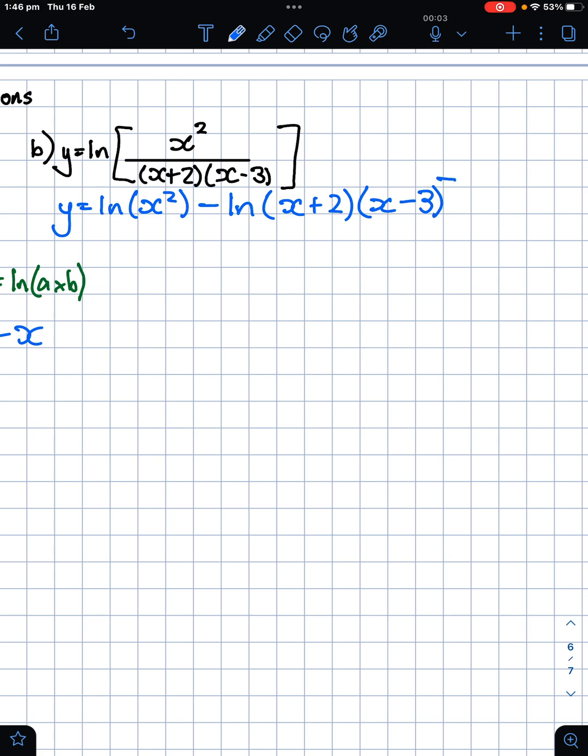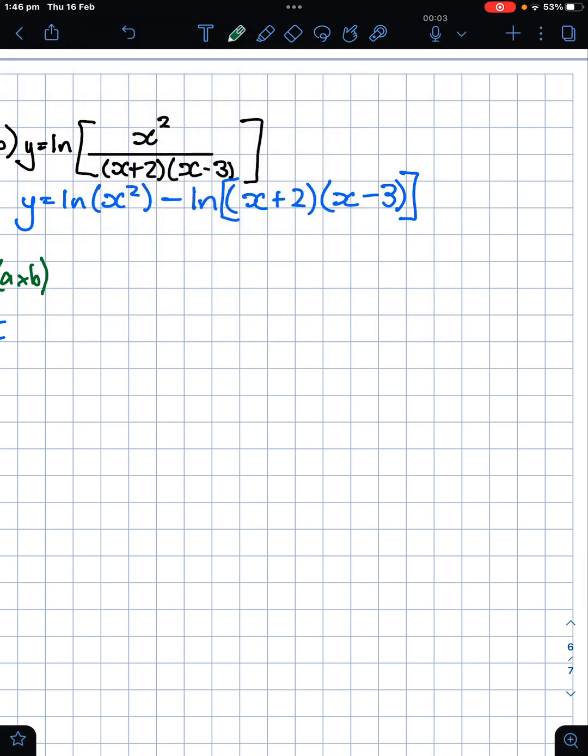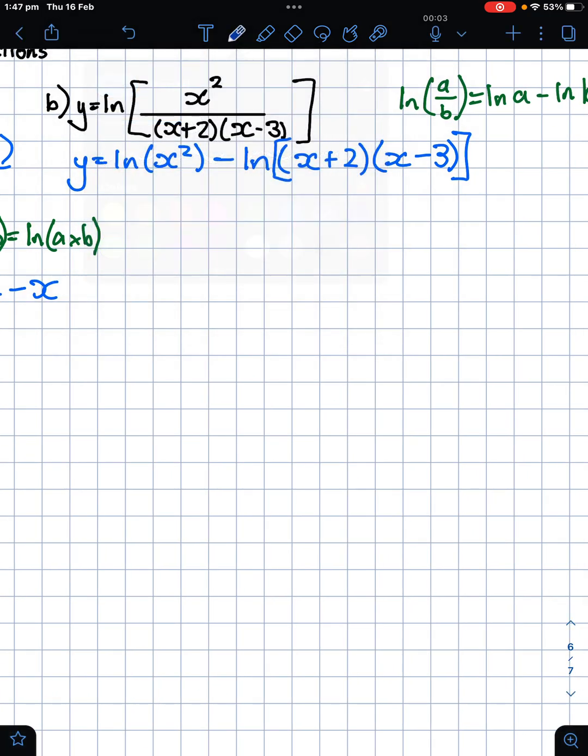I'm going to put a big square bracket to show that's still inside. The rule we've used here is ln of a over b equals ln a minus ln b.